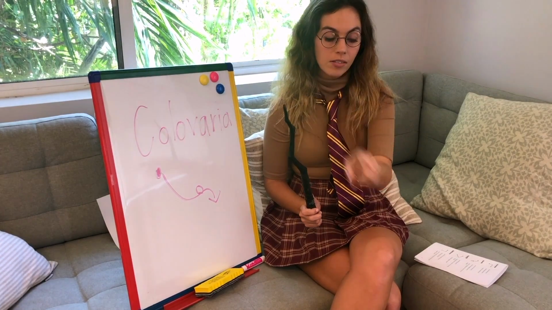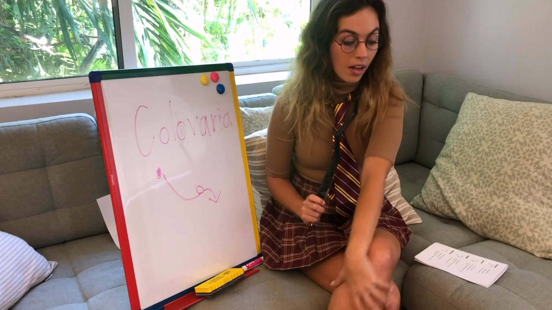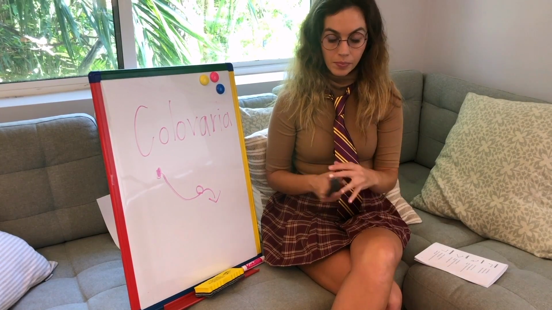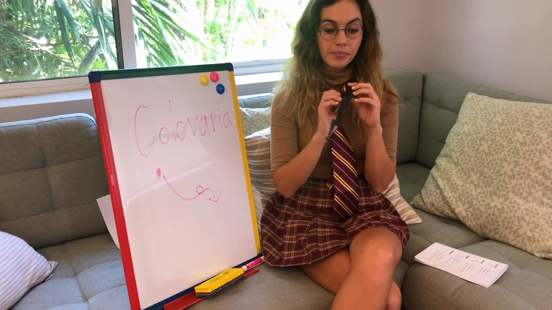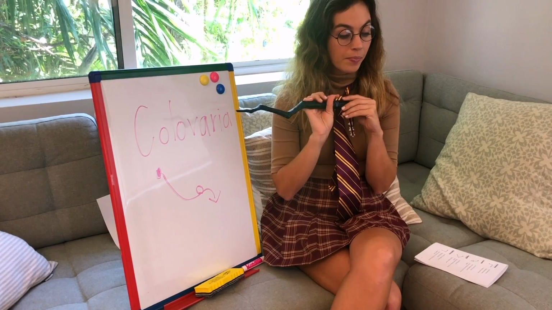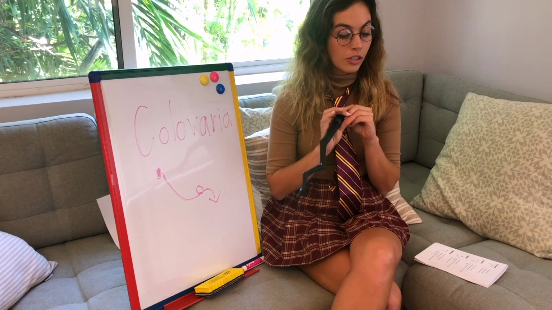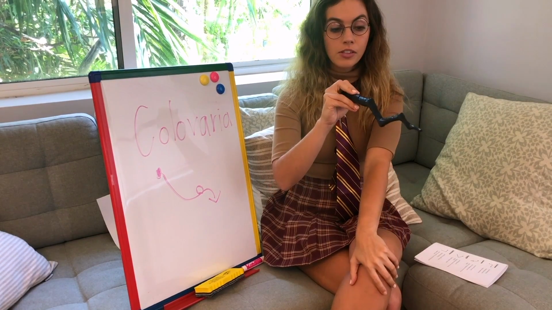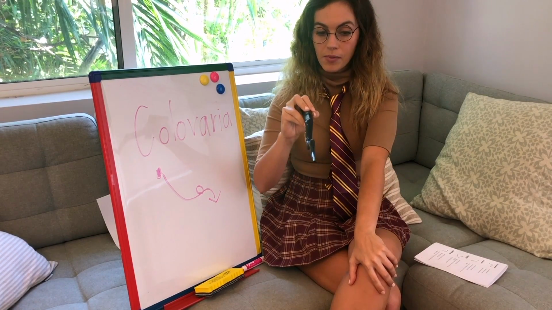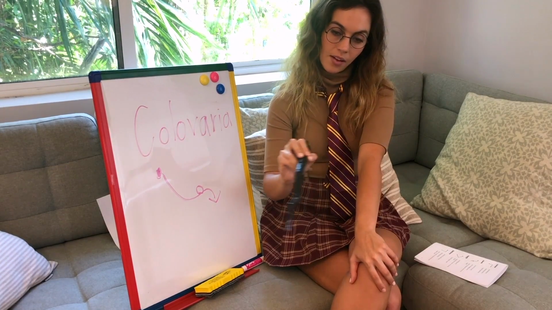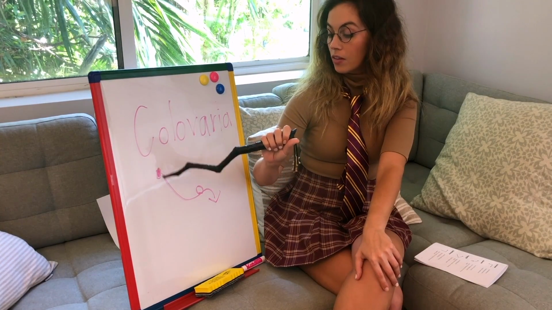So you've got another little rock there. It should be the black rock. I want you to get your wands ready. Make sure you're ready. And you're going to follow. So you're going to do the little swerve and around. Okay, so go down. And you're going to say Colovaria.